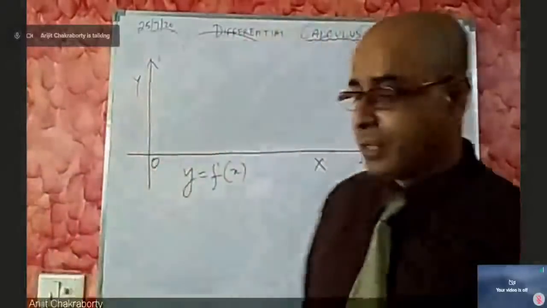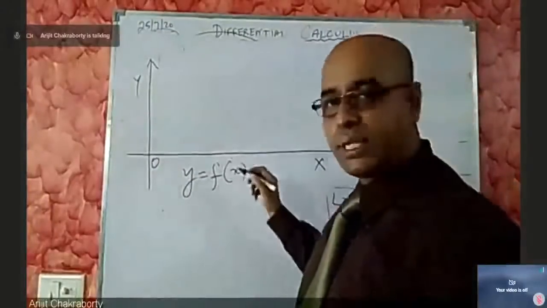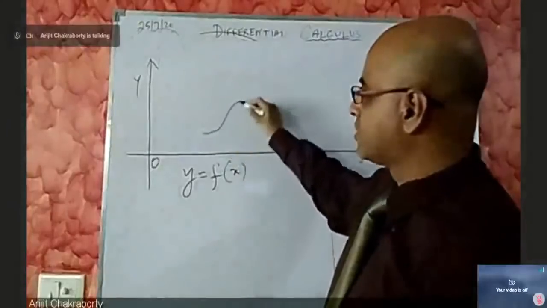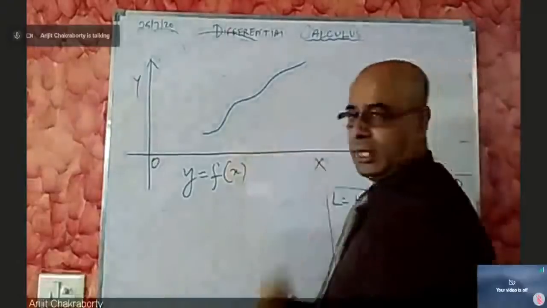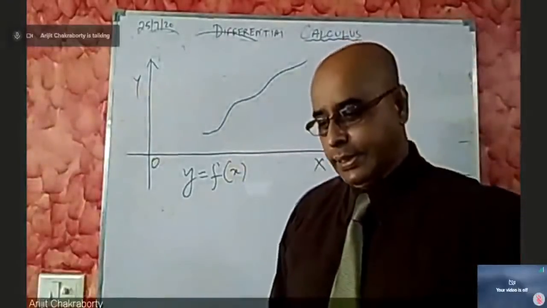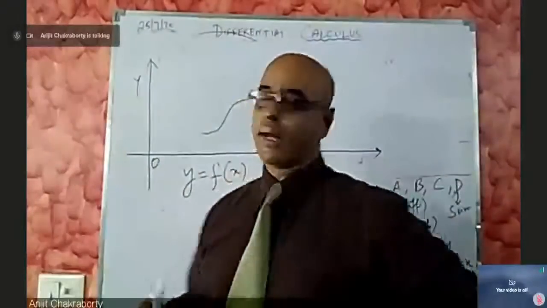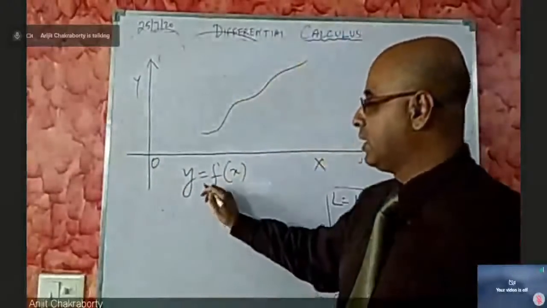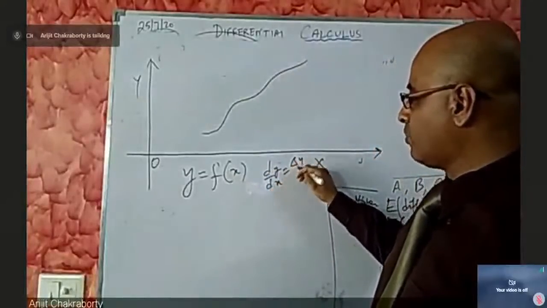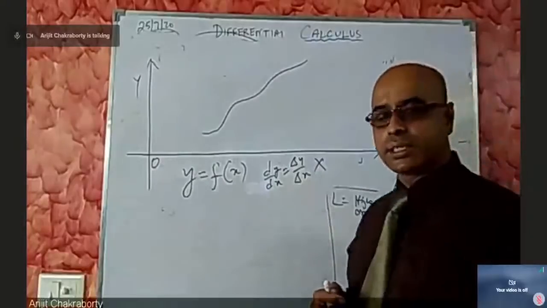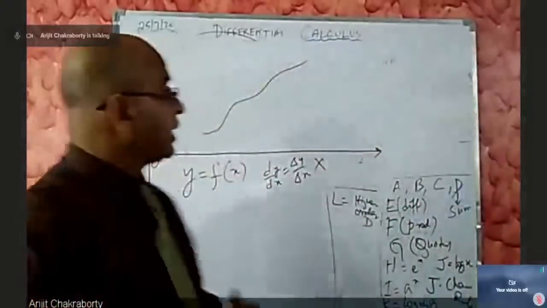Now the question is, say for example the graph of the equation is like this, when you plot the equation graphically, right? Now the derivative, that is dy by dx or delta y by delta x, which I discussed in the very beginning, actually measures the rate of change.